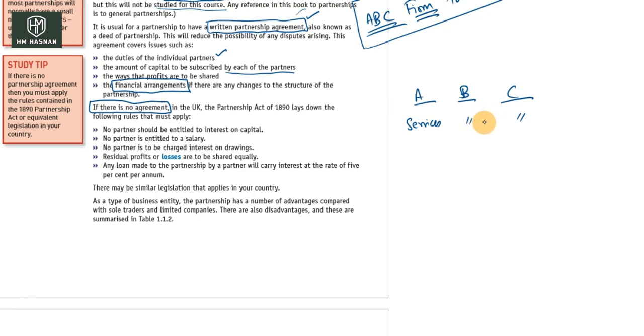In the absence of an agreement, the law says you can't withdraw salary from the business. But if they write in the partnership agreement that when a partner is providing services to the business, he can withdraw salary from the business. Got it?